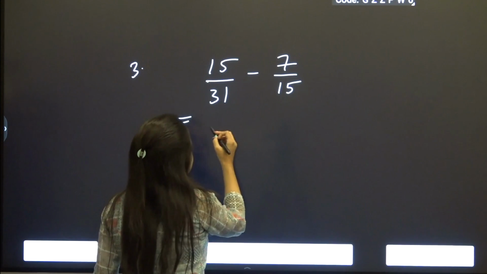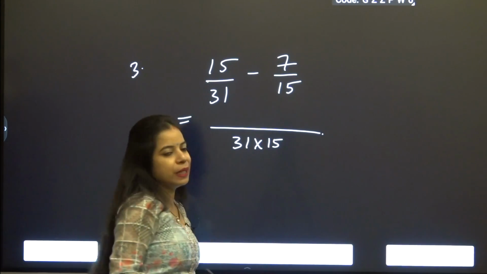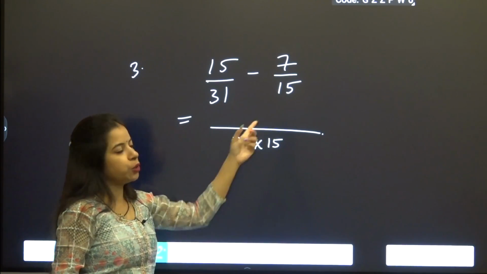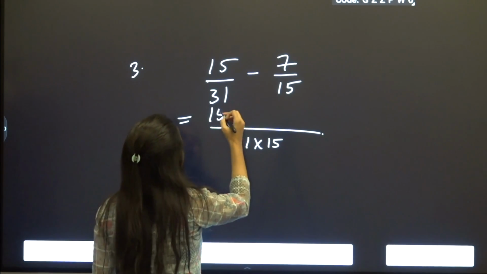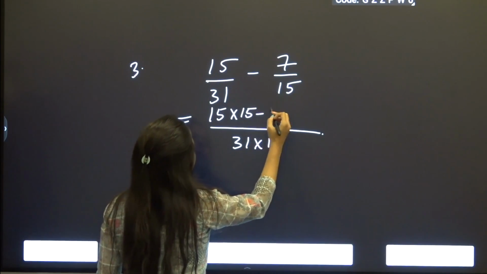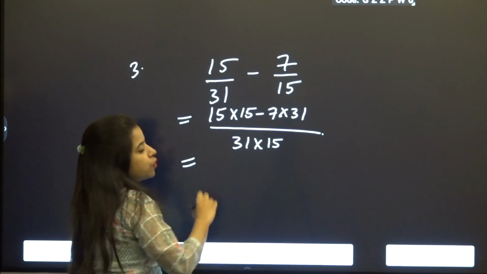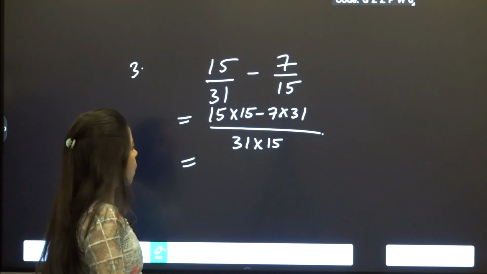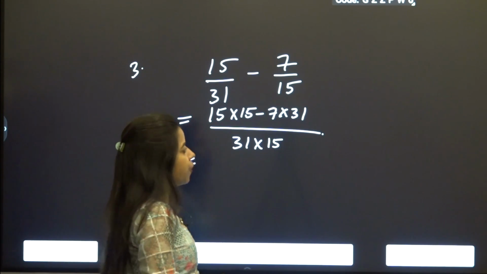So we are going to simply cross multiply and subtract, and in the denominator we are going to multiply both the denominators. So this will become 15 into 15 minus 7 into 31. 15 into 15, again we can use the sutra because this is the square of a number ending with 5.